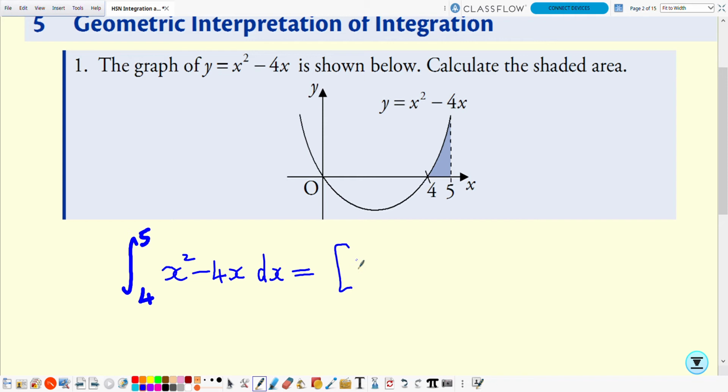Normal procedure is integrating rules: increase the power by 1, divide by the new power, same with your x, so that would become 4x squared over 2, putting on your limits.